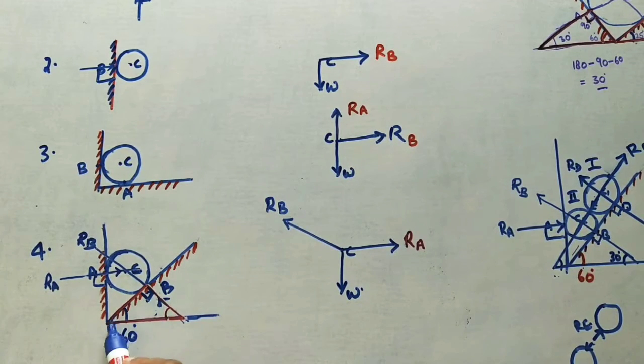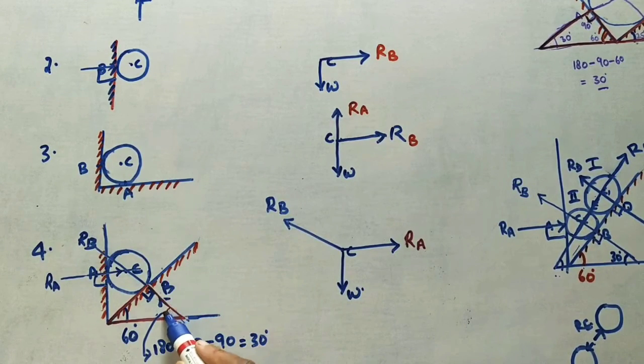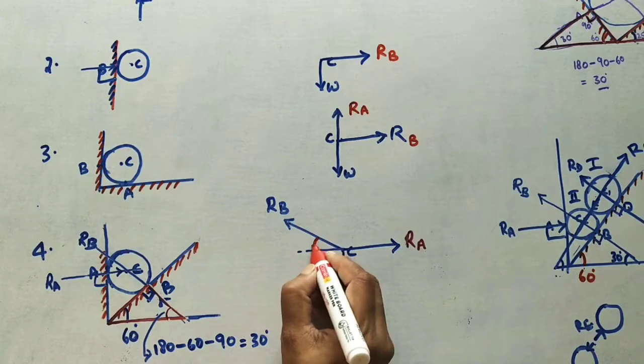In a triangle, the total sum of angles is 180, minus 60 minus 90. This angle will come to 30 degrees. Now this angle is 30 degrees. RB is making a 30 degree angle with the horizontal. Now I will mark the horizontal line here. RB is making 30 with the horizontal.